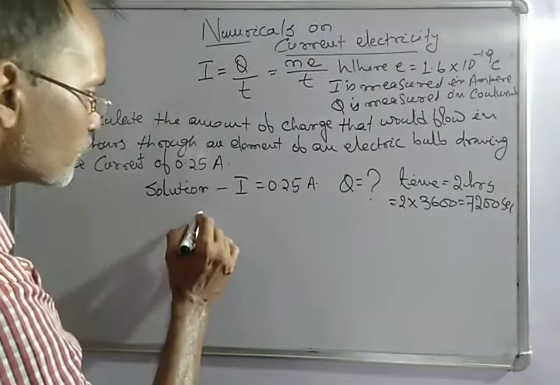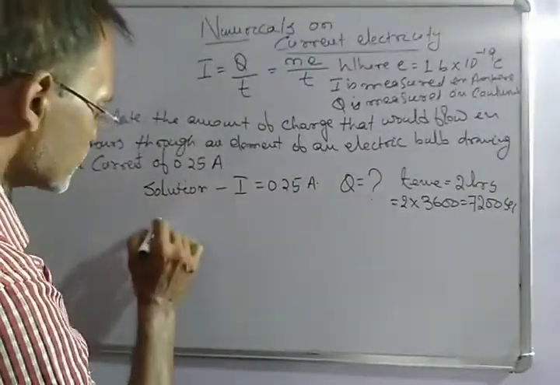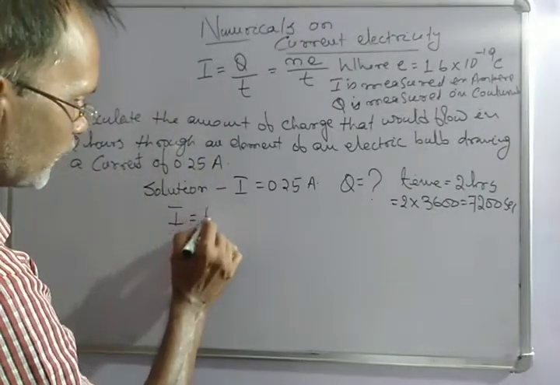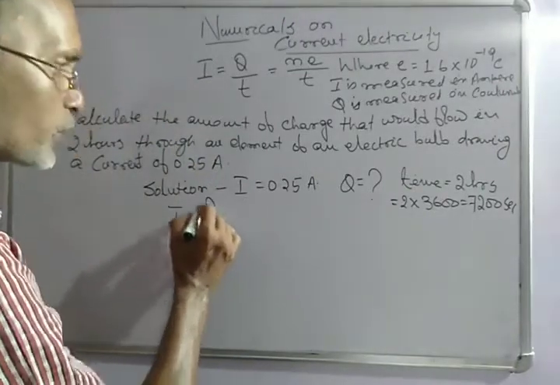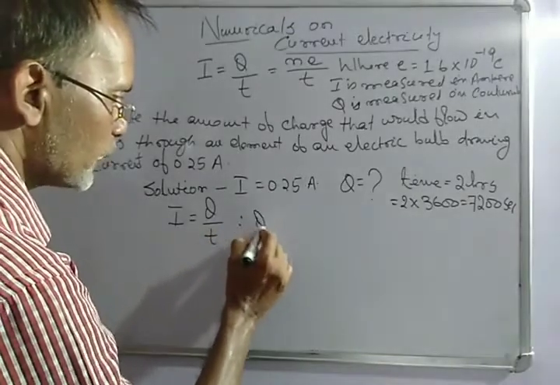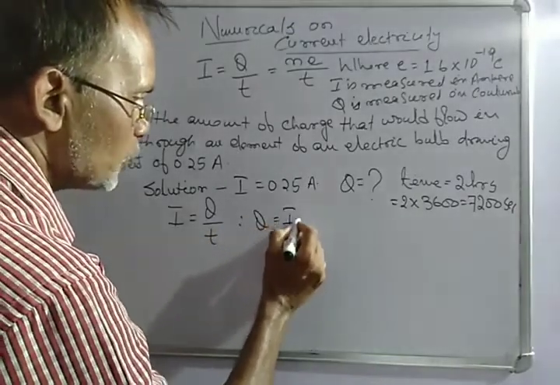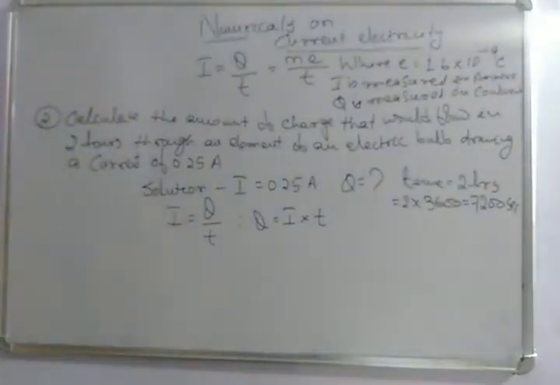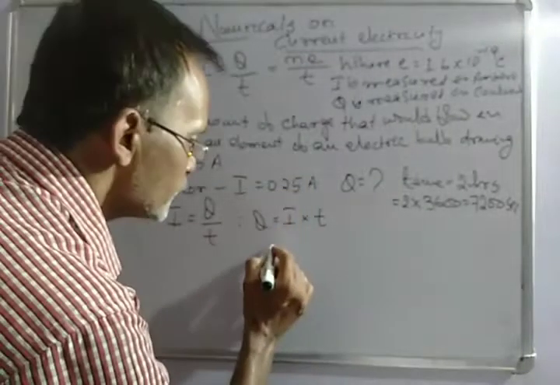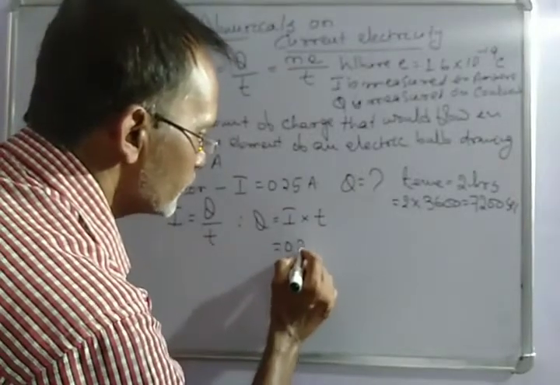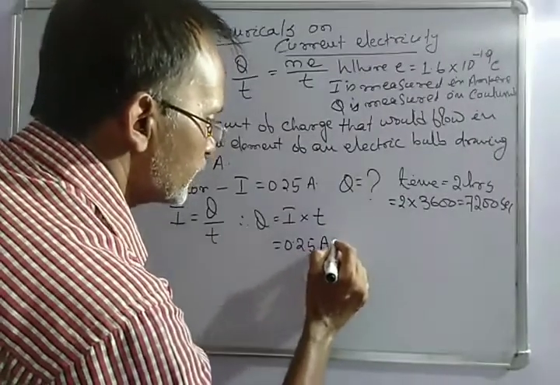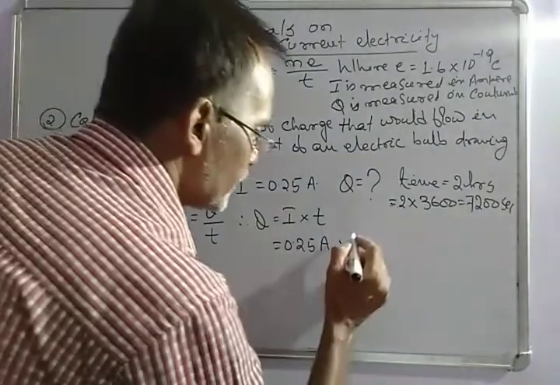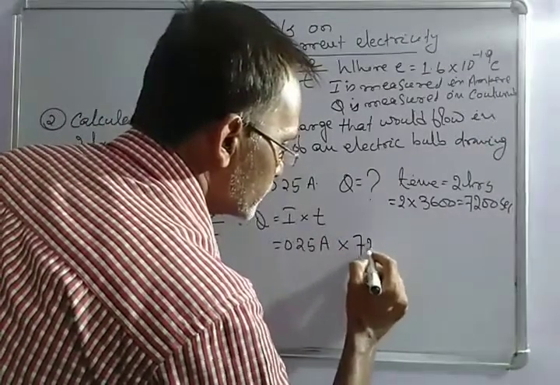So by putting the formula here, Q has been asked, you have the formula for I. I is equal to Q by T. So for Q, Q is equal to I into T. So this is equal to, I is given here 0.25 ampere into time is given here 7200 seconds.